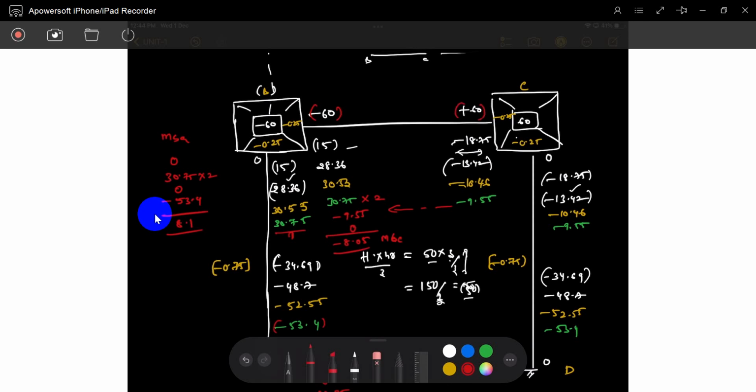MCB: the fixed end moment is 60, its own contribution is this value, from the far end plus 30.75, translational 0. What is that value? 71.65.